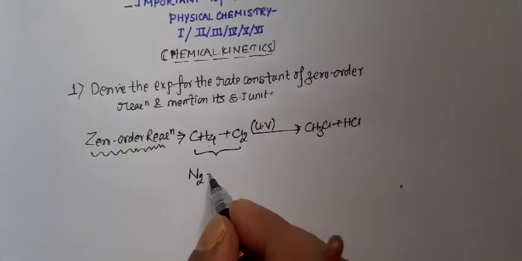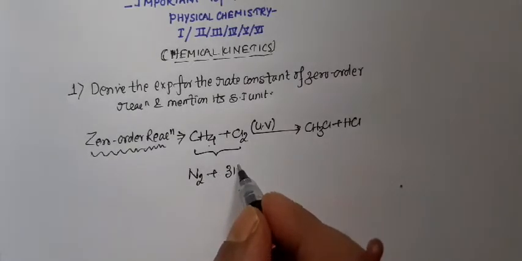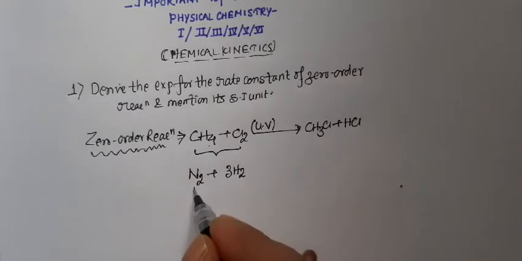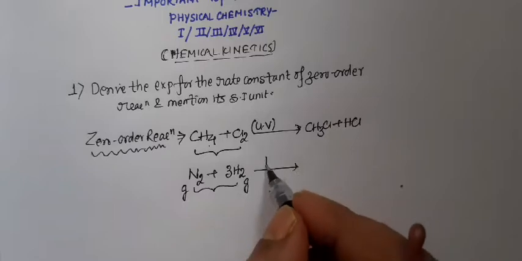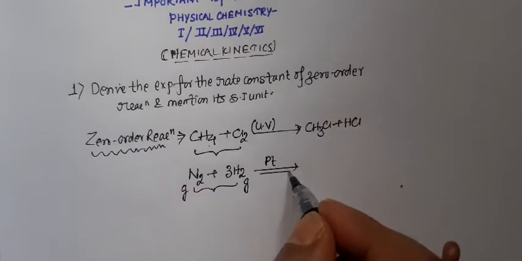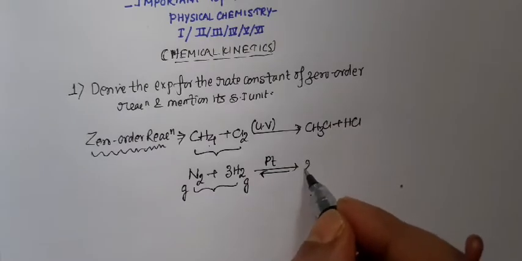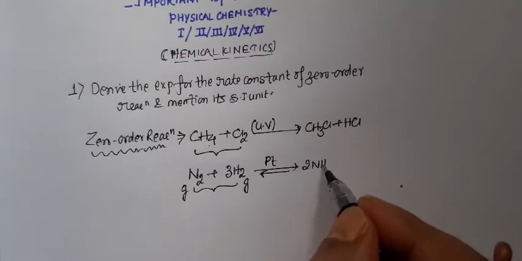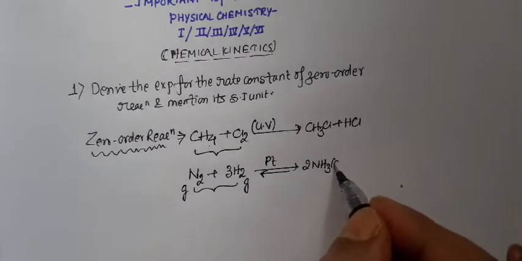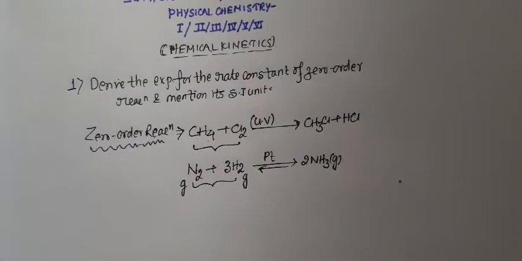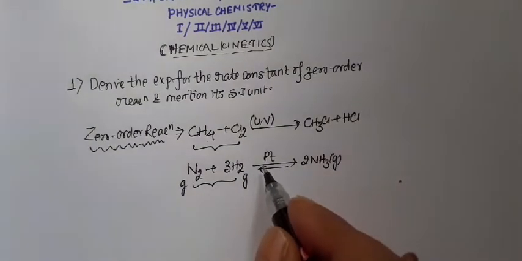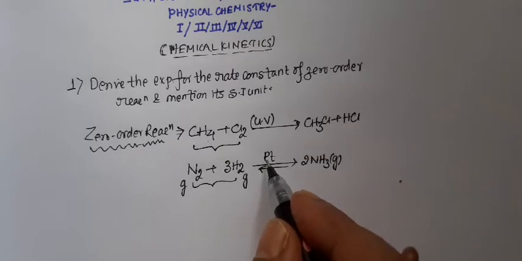For example, another reaction we are taking: N2 plus 3 molecules of H2. These two exist in the gaseous form and there is a catalyst, platinum, required. It results in the formation of two molecules of ammonia, which also exists in the gaseous form. The rate of this reaction also depends upon the catalyst Pt.